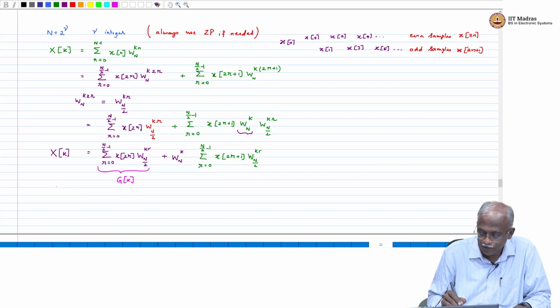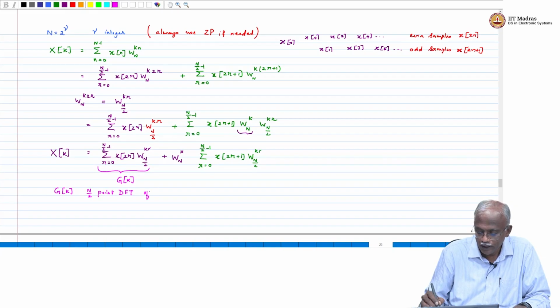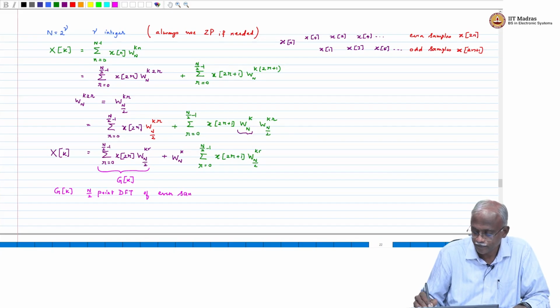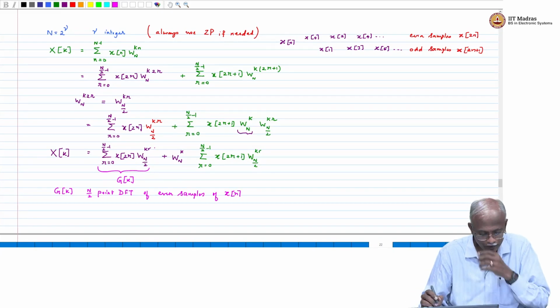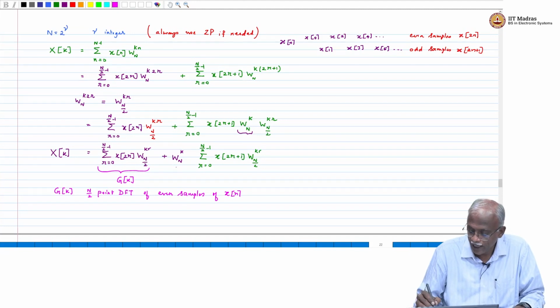So what is G[k]? G[k] is an N/2 point DFT of the even samples of x[n], which is basically represented by x[2r]. Then we have the scale factor, a multiplicative scale factor.